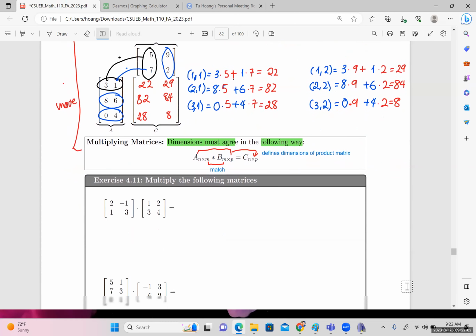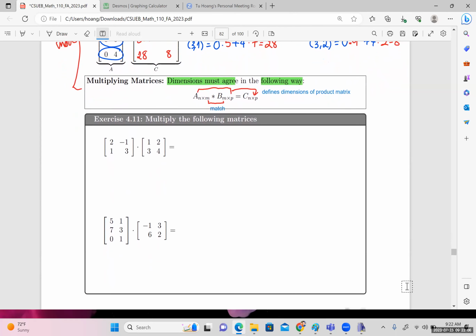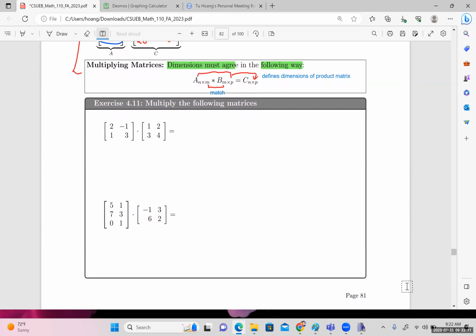Okay, so down here, I would like to let you practice with multiplications between two matrices. You can go by the way that I show you up there.